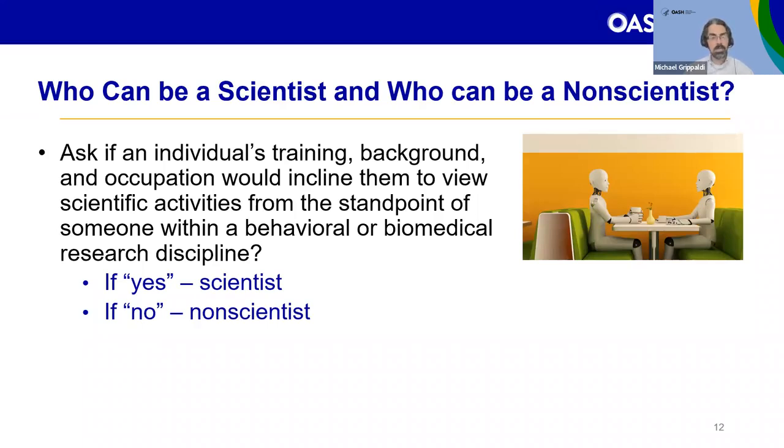So look to a person's education and look beyond just the degrees, right? Consider their current job as well as the previous jobs they've held, but not just the titles. Actually look at the duties and responsibilities they've held. This is a very fact-specific determination, but the IRB should be sure to document how a member is either a scientist or a non-scientist.